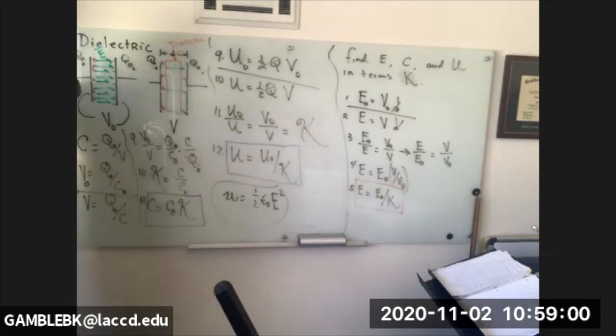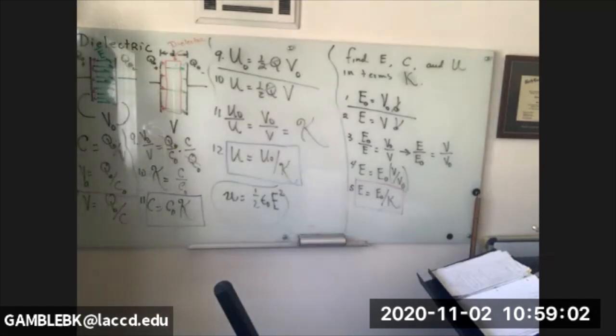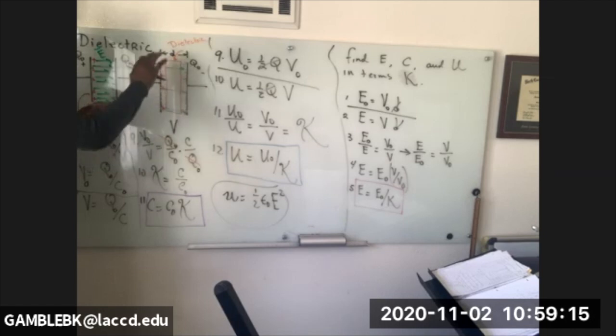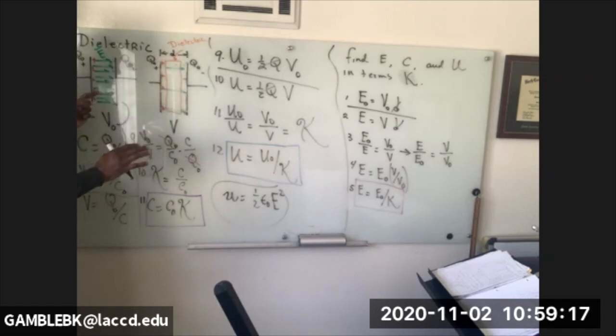But again, be very careful about this, because this is the scenario for having taken the object out of the capacitor and manipulating it, right? So the amount of charge is set based on that.